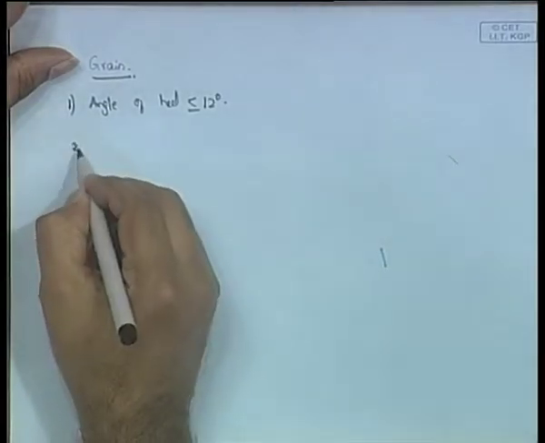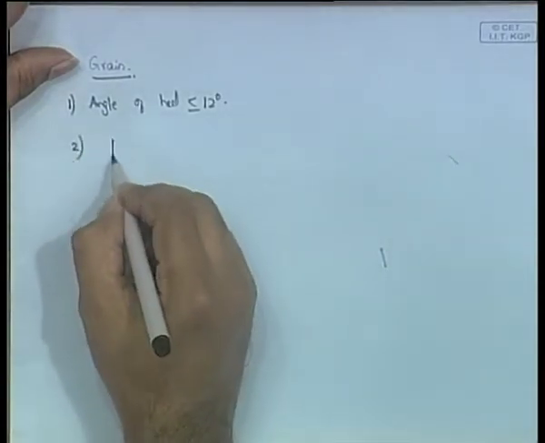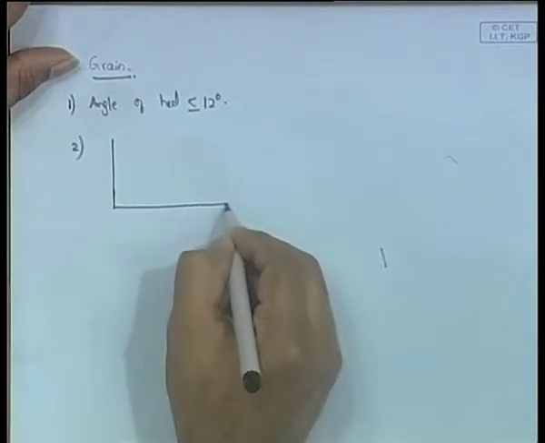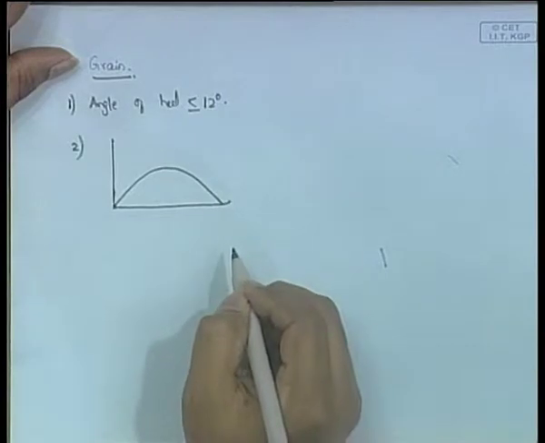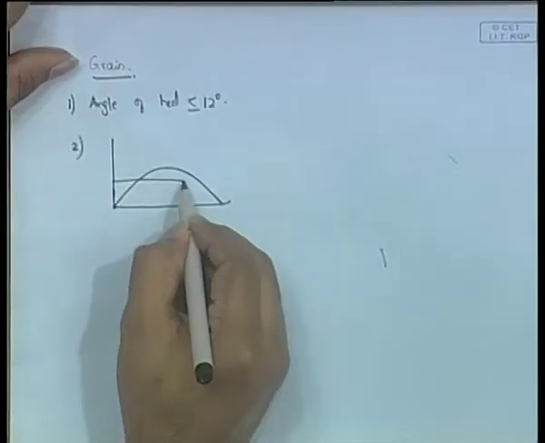Then the second rule is about the GZ curve, the statical stability curve. Suppose this is your righting arm curve, and suppose you have a heeling arm curve like this.